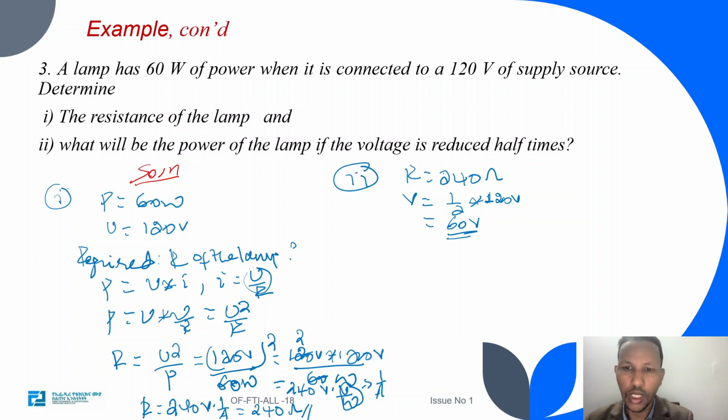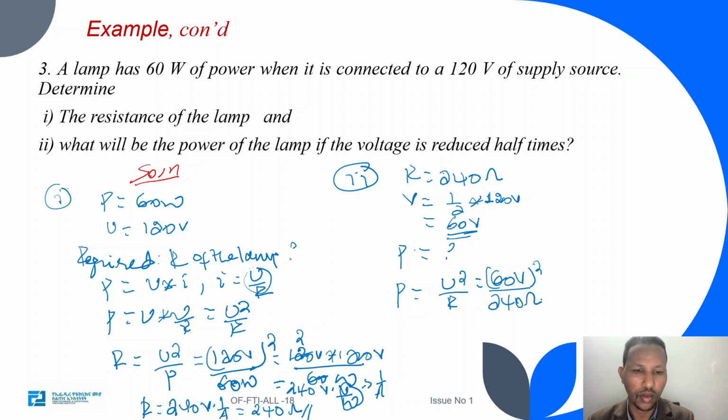We are asked the power consumption of the lamp for this condition. We know that P is given by V squared over R. So we have 60 volt squared over 240 ohm, which is 60 volt times 60 volt over 240 ohm.